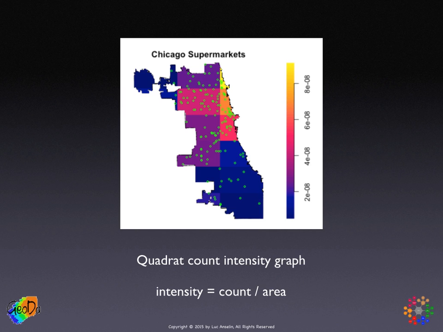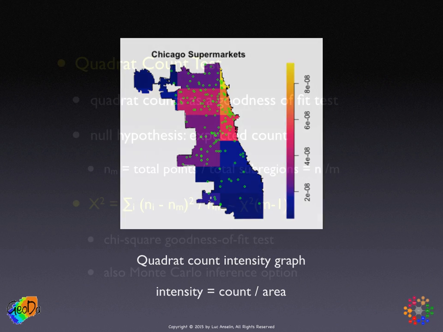And if you look very carefully, the yellow area in the upper right is not the area with the most points in it, but it's a fairly small area, and so therefore the intensity as the ratio of the points over the area is much higher than elsewhere. So this is again a very cut and dry summary of the point pattern, and it has been used as an actual test statistic to test the null hypothesis of constant intensity.